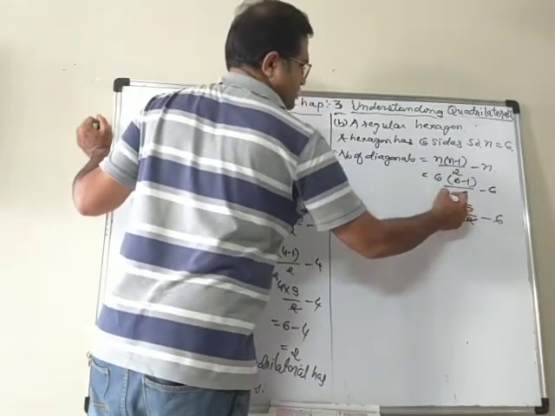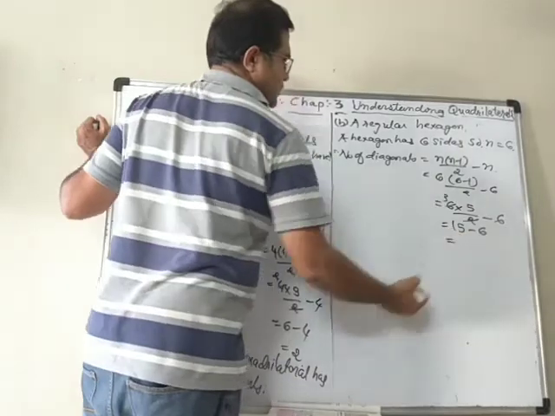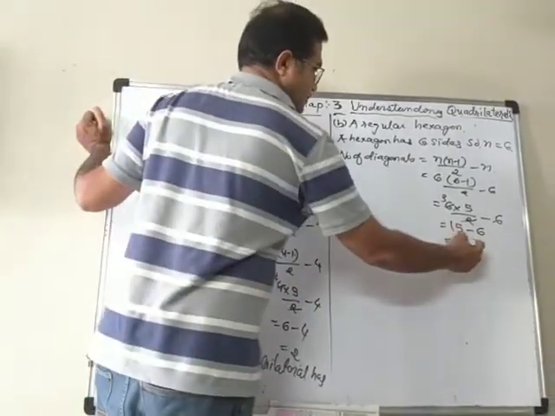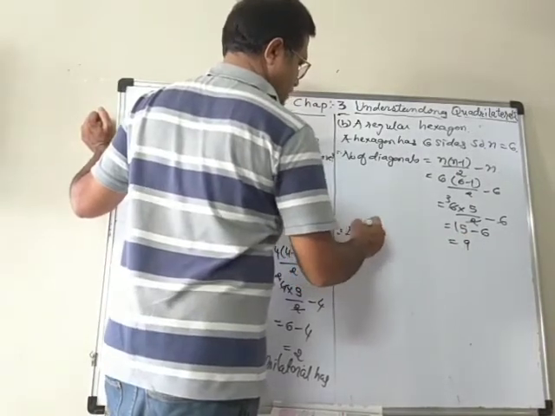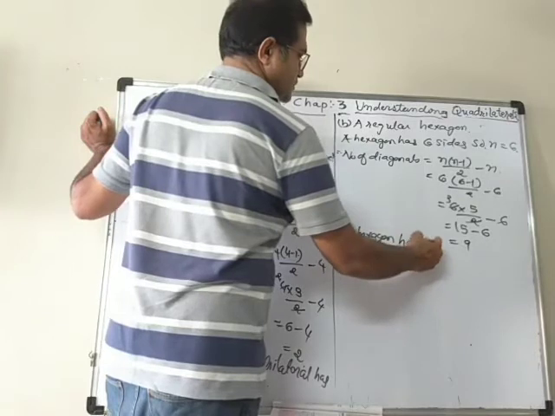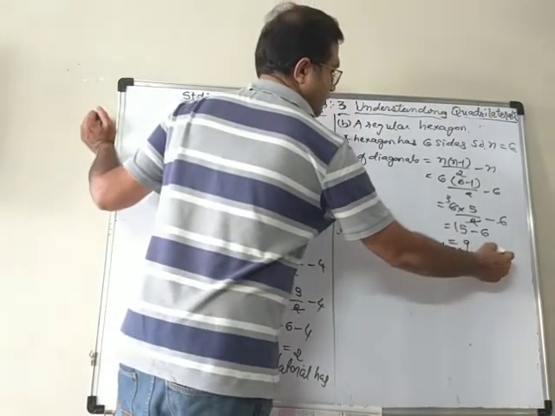Now 2 3s are 6. So 3 5s are 15 minus 6. And 15 minus 6 is equal to 9. Therefore, a hexagon has 9 diagonals.